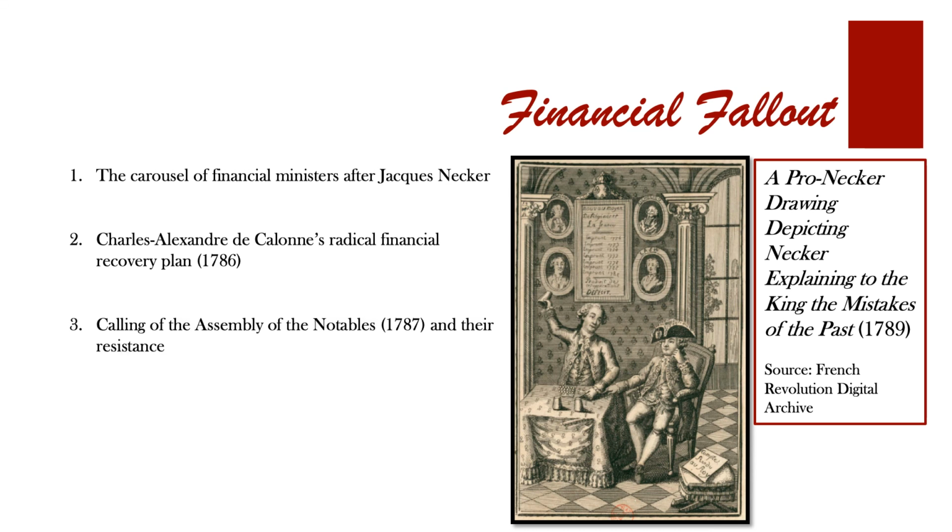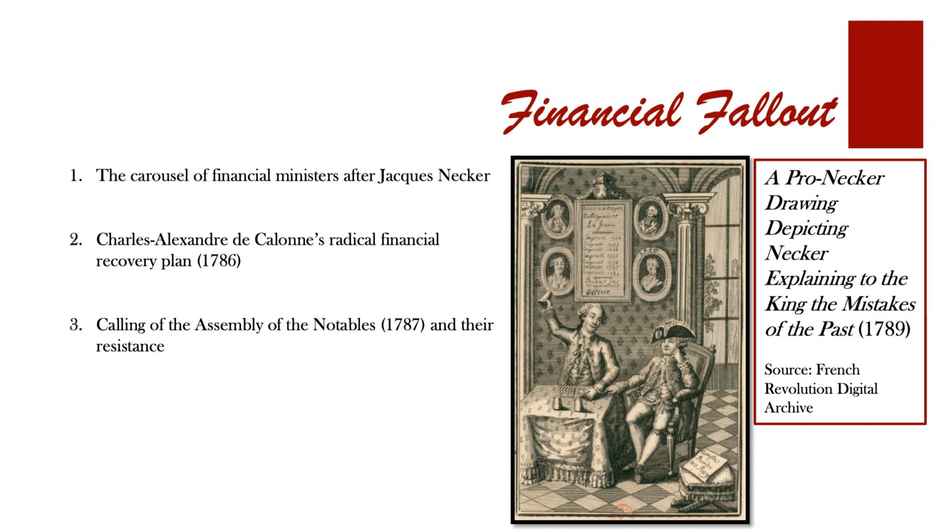Such a radical plan, however, needed buy-in from the powers that be. Calonne originally considered going to the parlements, but they had been burned so much by previous reform efforts from the monarchy that they were considered unreliable allies. Instead, Calonne called an assembly of notables, a hand-picked group of nobles and clergymen, to accept and promote his new plan. But surprisingly, when the Assembly of Notables met in 1787, they completely rejected it.